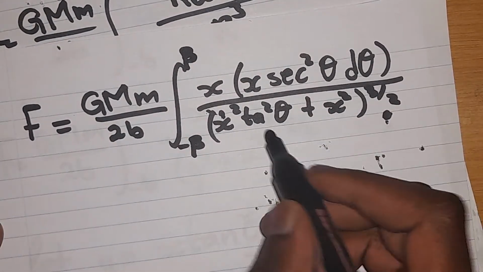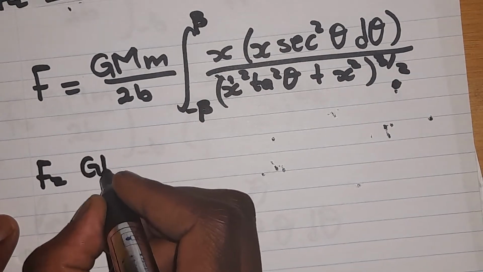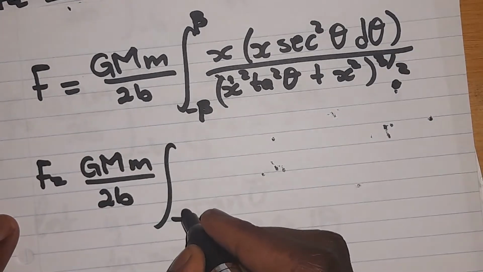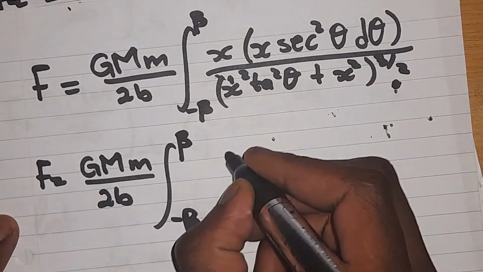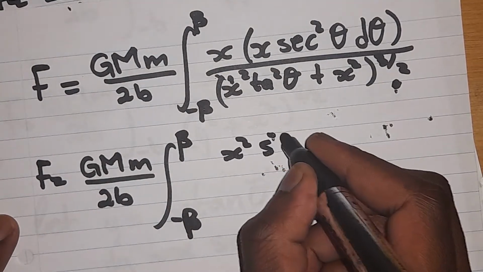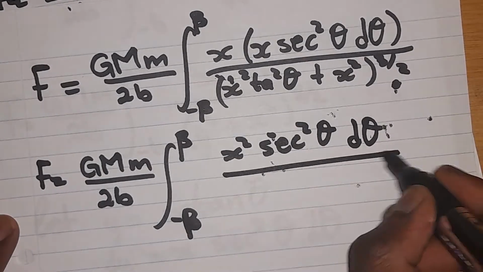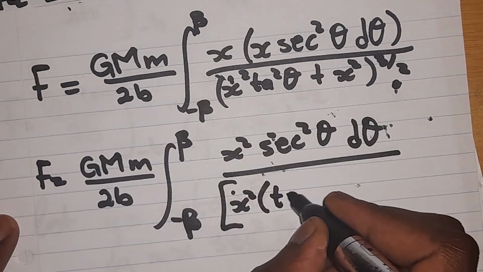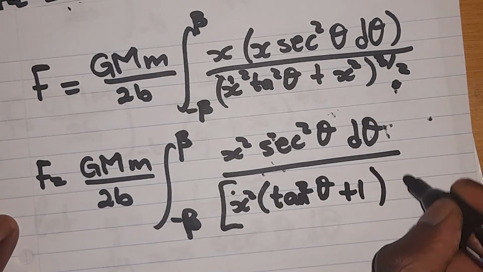If we factor out x here, we'll get that F is equal to G capital M small m all over 2b, the integral from negative beta, not b but beta, of x squared sec squared theta d theta all over x squared tan squared theta plus 1 all raised to 3 over 2.